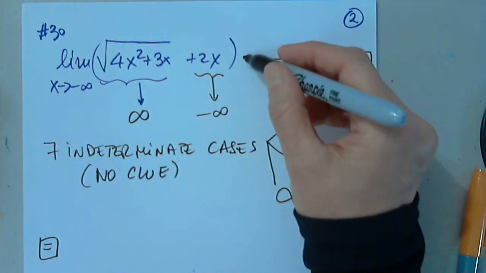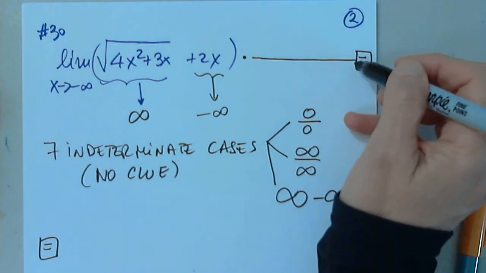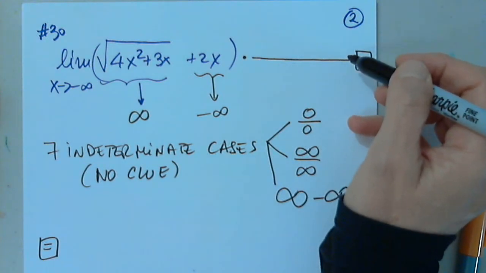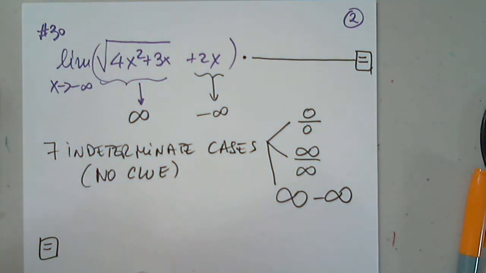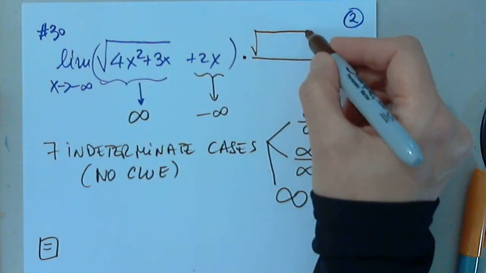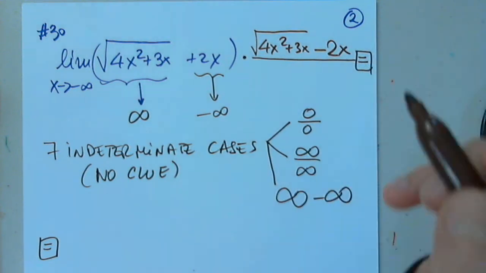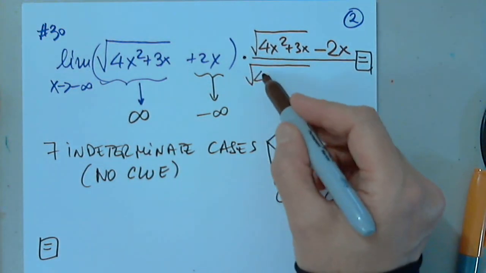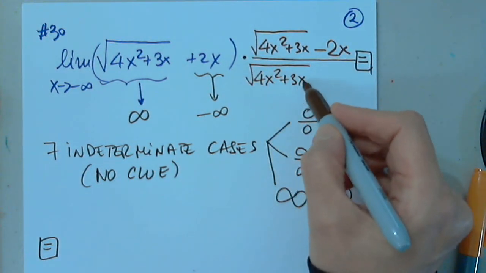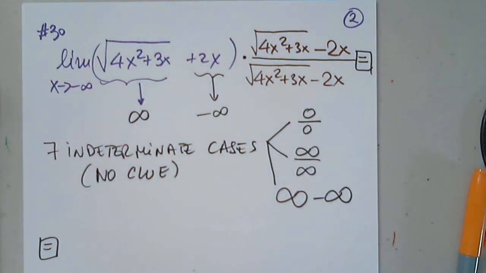What am I signifying with multiplication and a fraction line? What can it be? Rationalize it. That's it. With the square root of 4x squared plus 3x minus 2x and the 4x squared plus 3x minus 2x. That's it.